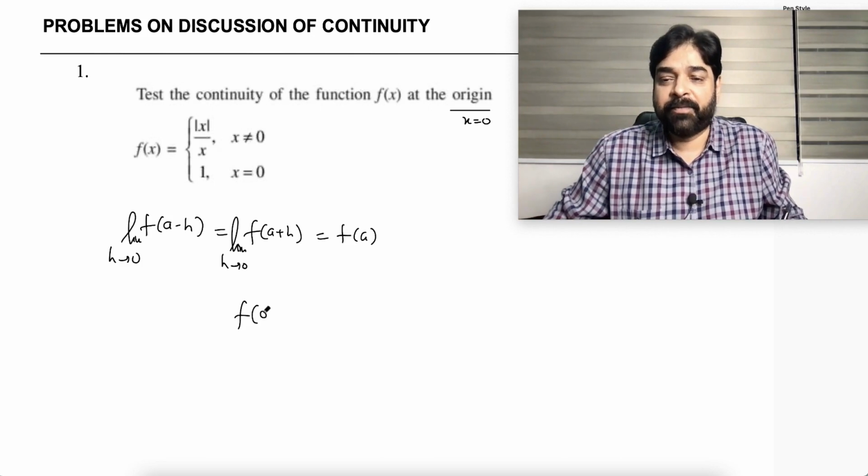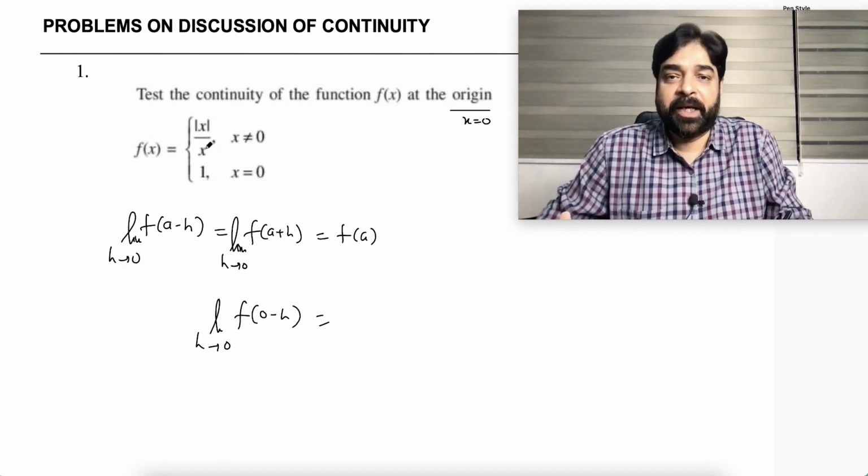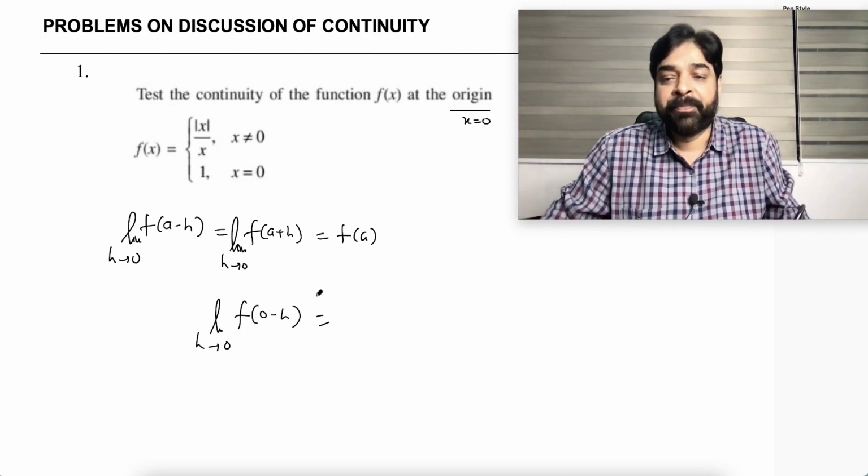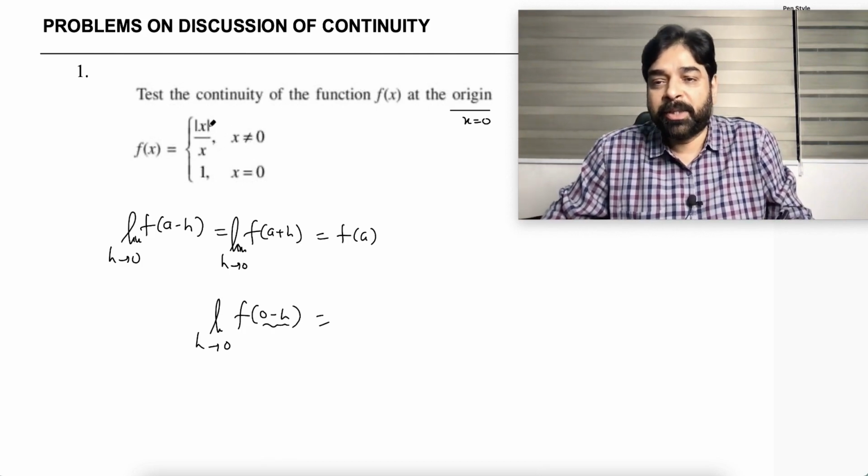So we'll find f(0 minus h). What will f(0 minus h) be? We'll take the f(x) value from here. Look here, f(x) is given with two values, either this or this. First decide what 0 minus h is. It means not 0, and not 0 means we'll use this function.